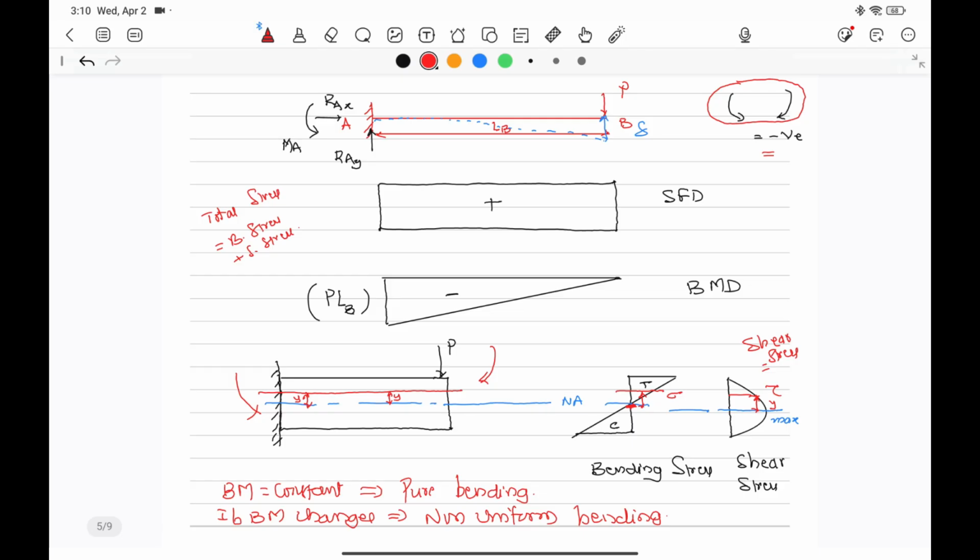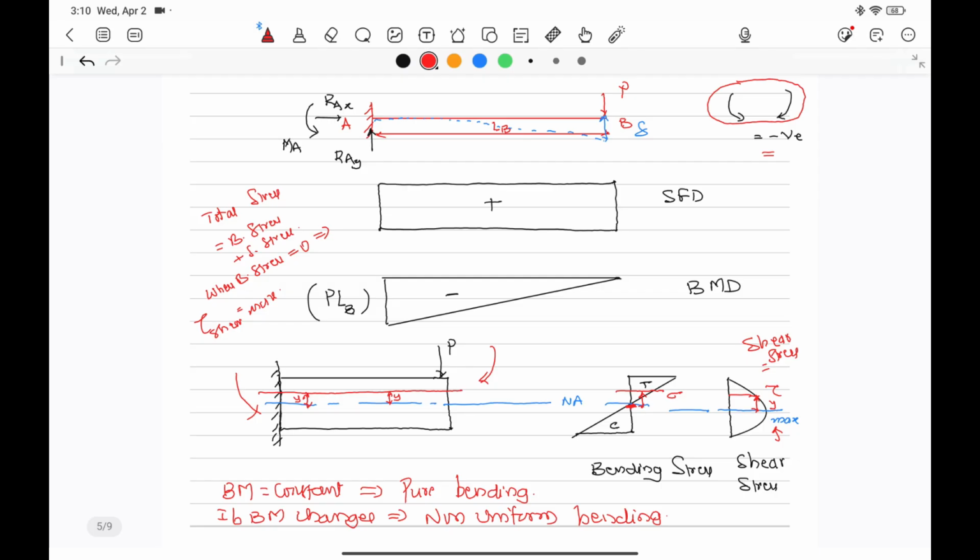When bending stress is 0, shear stress is equal to maximum. You see, shear stress will be maximum when bending stress is 0 or when the bending strain is 0. And on the neutral axis, shear stress will be the maximum.